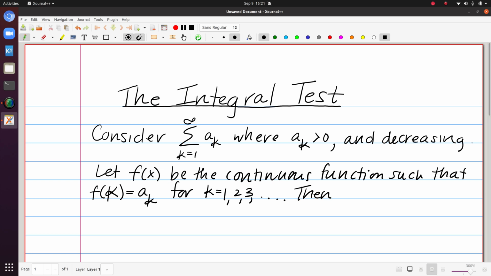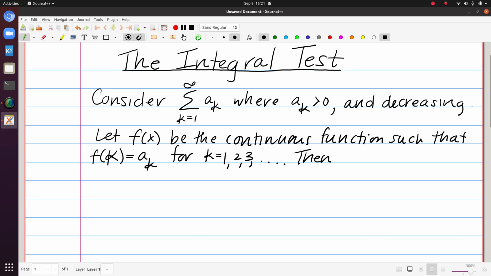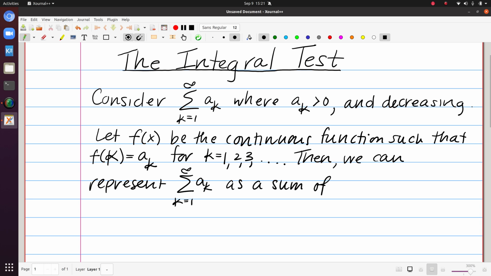Then, if our goal is to geometrically represent the sum of the a sub k's, we can represent this as a sum of areas of rectangles.